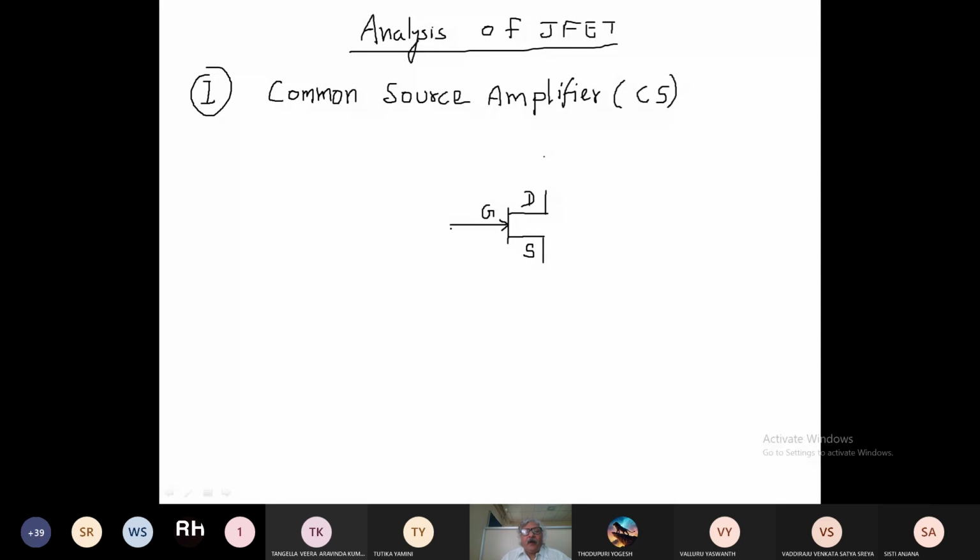Now here we have connected the signal which we want to amplify, V in.